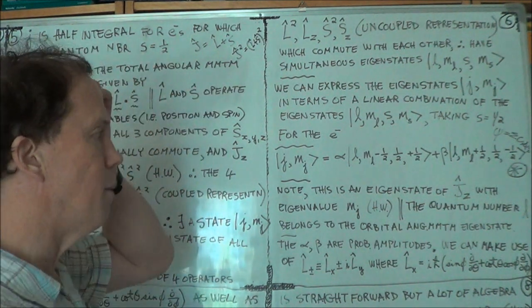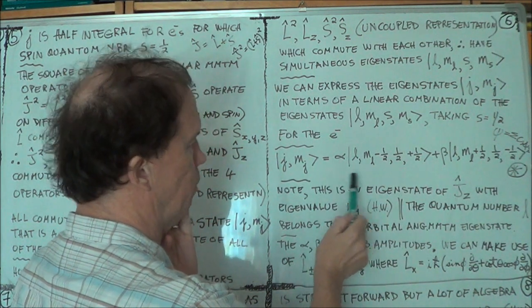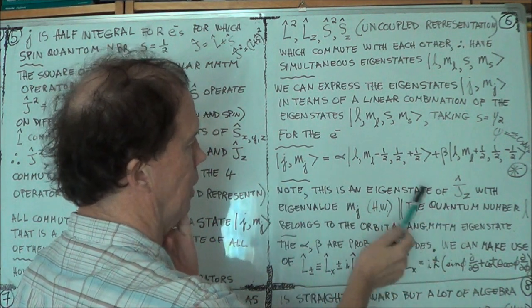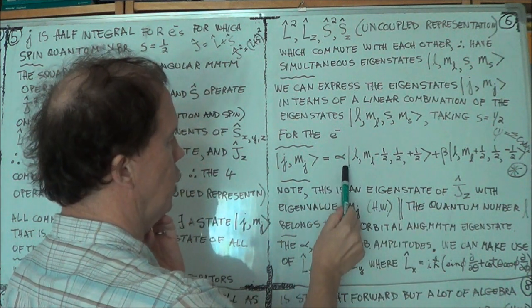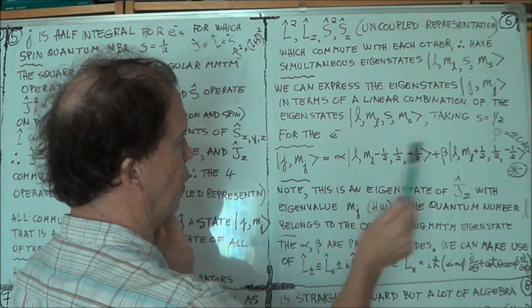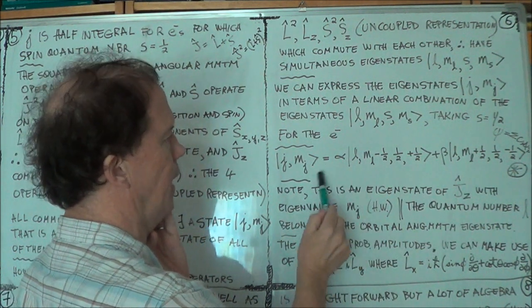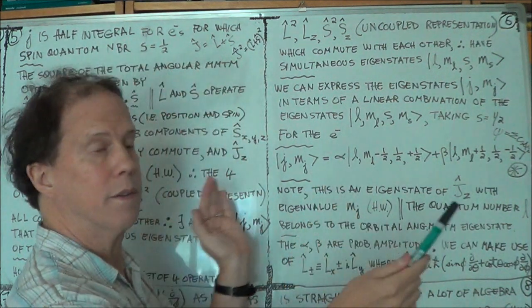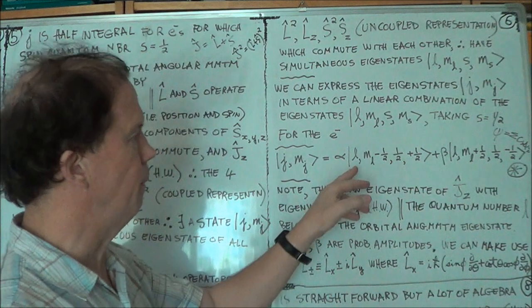That means your eigenequation, in brackets on the left-hand side, will be Lz hat plus Sz hat to the left of all this.